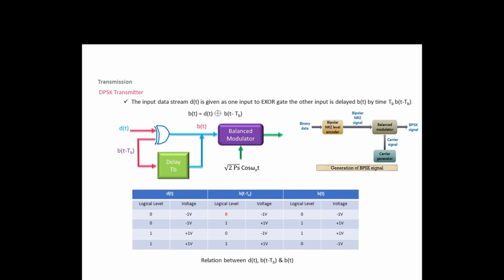What is the operation of the XOR gate? If the XOR gate receives the same input, we get 0 as the output. If the XOR receives different inputs, we get 1 as the output.